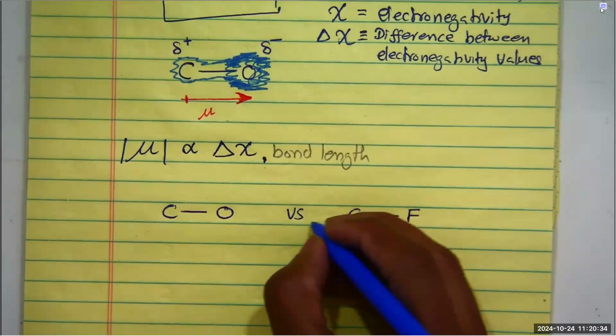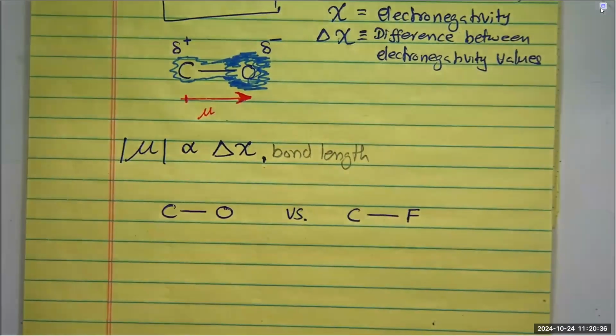Which bond is more polar and why? You have the electronegativity table on Top Hat, I believe. I see mainly CF. CF is more polar. Very good. Exactly. Delta chi is greater.